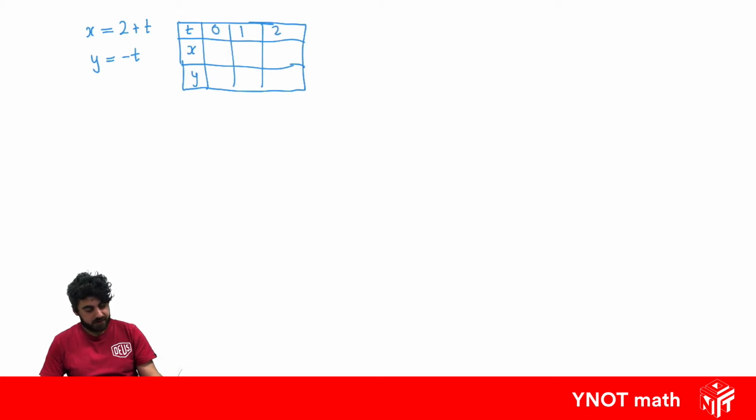The values for x, well, we just sub in t equals 0 and we'll get 2. Sub in t is 1 and we'll get 3 for x, and sub in 2 we get 4. Doing it for y, subbing in 0 we'll get 0, subbing in 1 we'll get minus 1, and subbing in 2 we'll get minus 2.